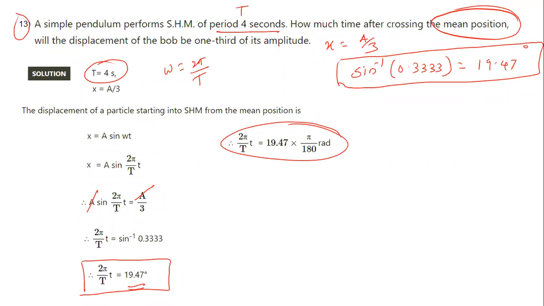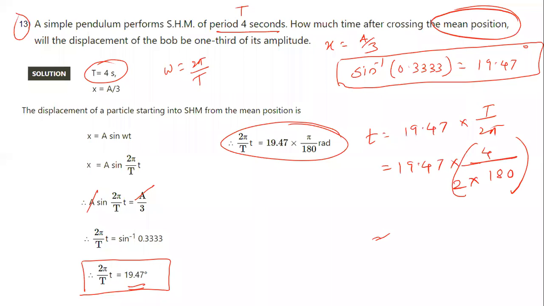We can write like this, small t is equal to 19.47 into capital T by 2 pi. So 19.47 multiplied by capital T is 4 divided by 2 into pi is 180 degree. So if you solve this, whatever the answer you are getting, it is the time.